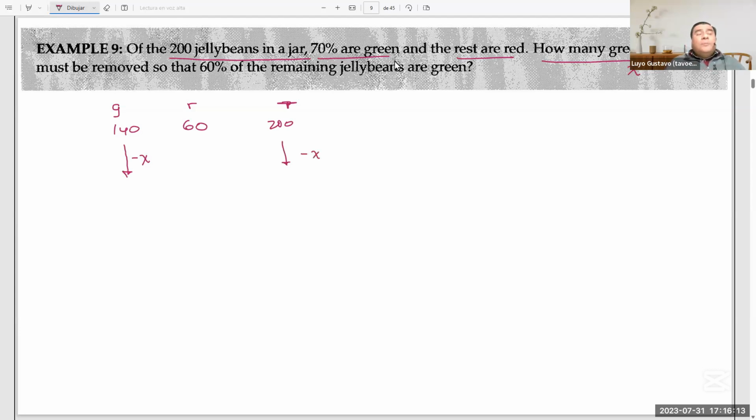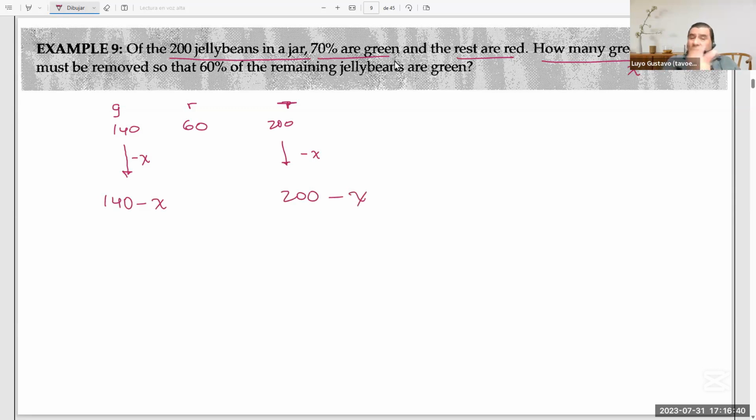So what would be the new number of green jelly beans when you remove those X jelly beans? You would have 140, take away X. This would be the green jelly beans left in the jar. And what would be the total number of remaining jelly beans after you remove X jelly beans? You would simply have 200, take away X.